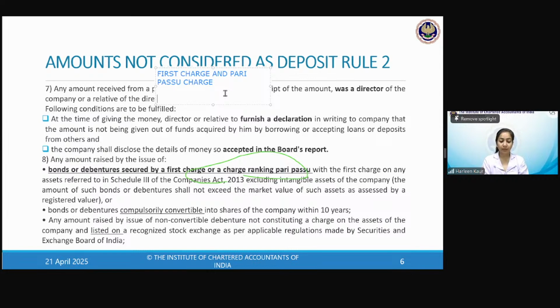Yes, children? Charge is talking about the security that we have given. So if I have taken a loan from a bank against my car, so I have given the car as security. Just try to answer me in the chat box. What do you understand by the meaning of charge?